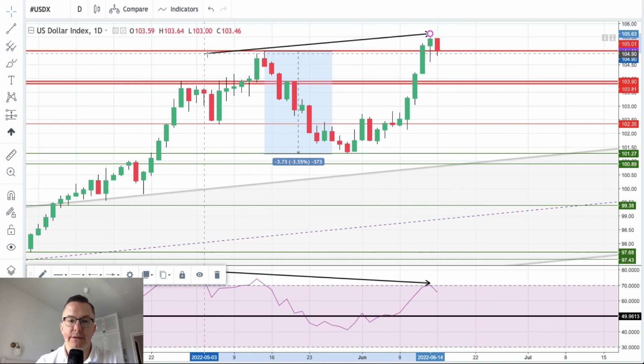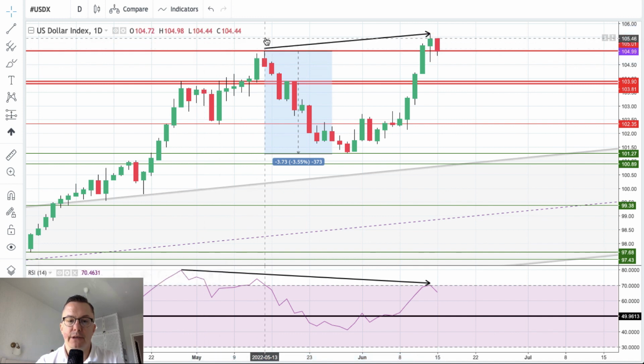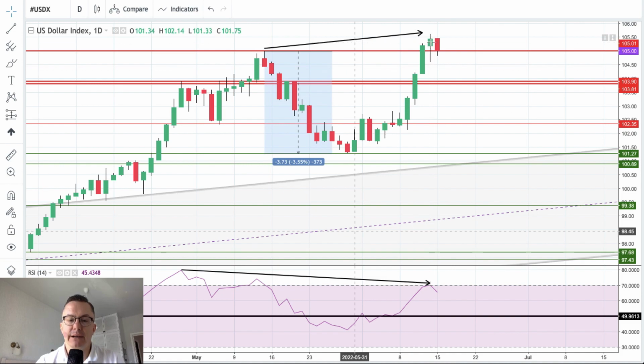Please remember that we can stay at elevated levels, momentum elevated levels like above 70 points and price elevated levels like 105.62, for quite some time if the market is trending.